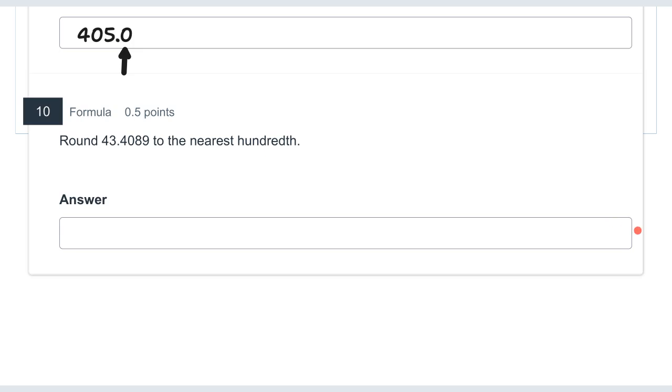Finally, number 10, 43.4089. We're rounding to the hundredth. We got a TH there. What's in the 100th spot? So the 4 is in the 10ths. The 0 is in the 100th spot. So let's write all the digits up to and including that 0. 43.40.